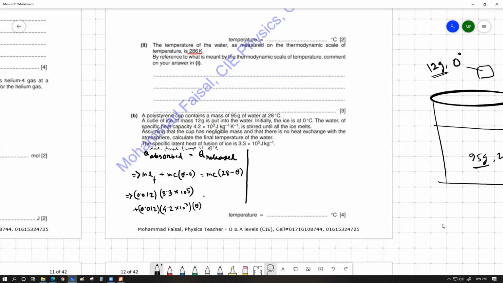This much should be equal to 0.095 multiplied by 4.2 into 10 to the power 3, into 28 minus theta.